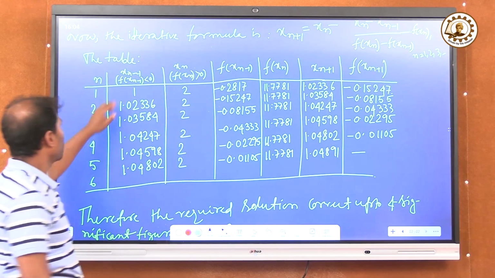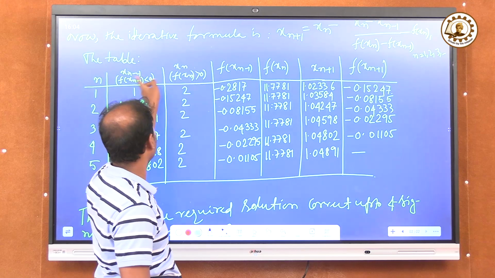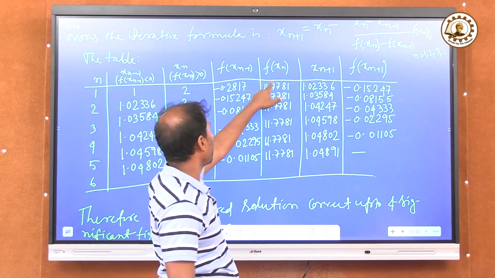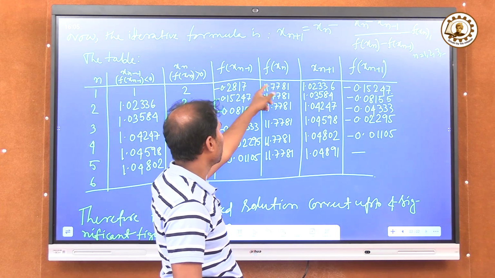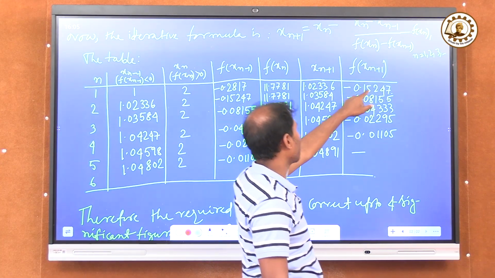So x0 equals 1 and x1 equals 2, with the corresponding functional values f(x0) and f(x1), and using this formula we find the next value.